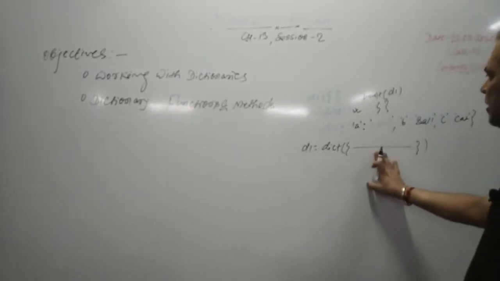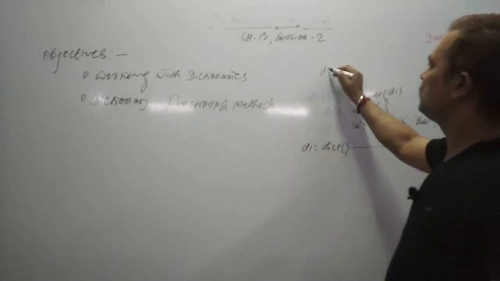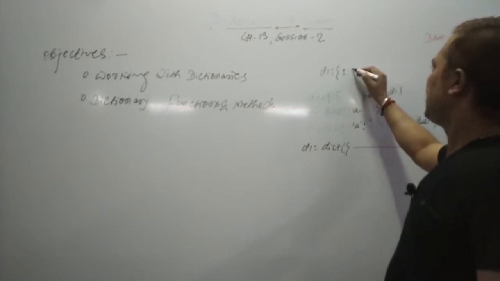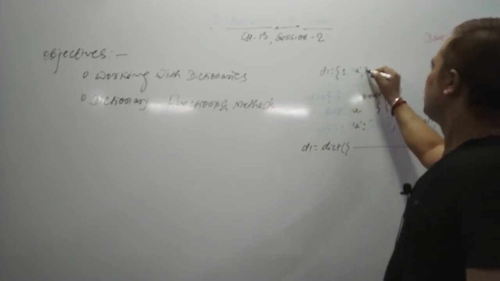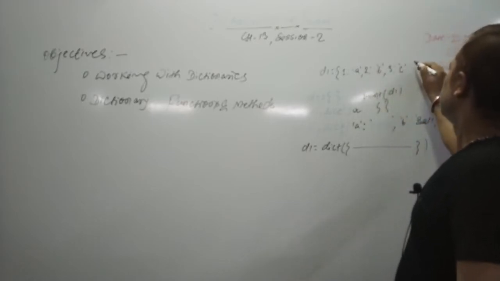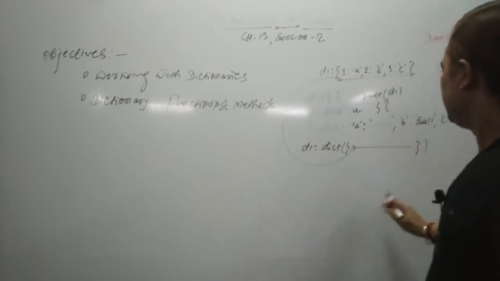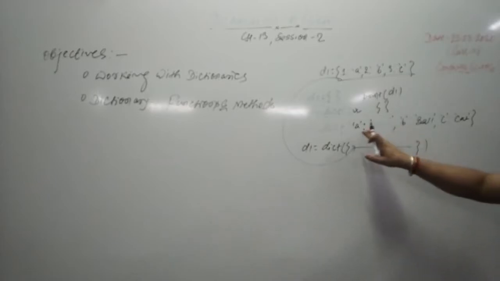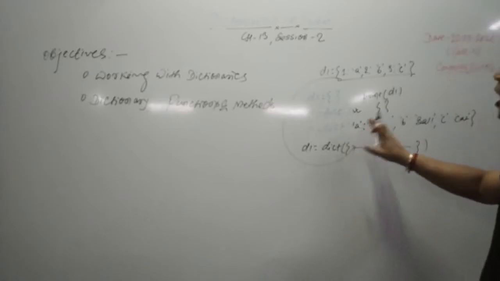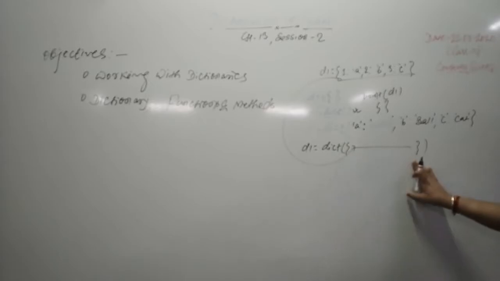Here you can pass all the elements of the dictionary, like D1 equal to, suppose, 1 colon A, comma, 2 colon B, comma, 3 colon C. If I pass this complete set here, it will also create a dictionary. So the dict method can take the elements in this way, or you may pass a complete dictionary with curly braces inside it.